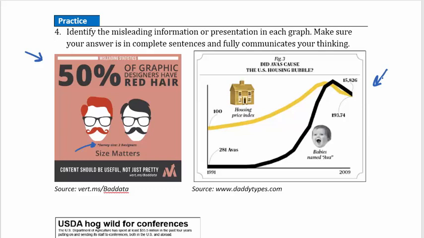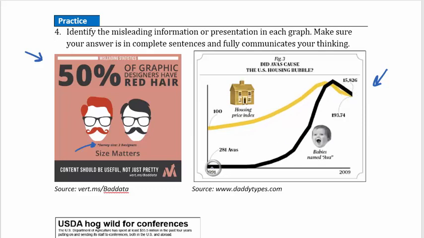So this is about the 2008 housing crash. The graph here is claiming, did Avas cause the housing bubble burst of 2008? You can see the graph here, this yellow part is the home price index. We're starting out here in 1991 with a home price index, and you can see home prices climbing, and then they go down drastically.